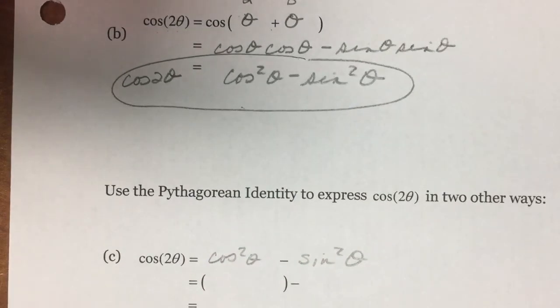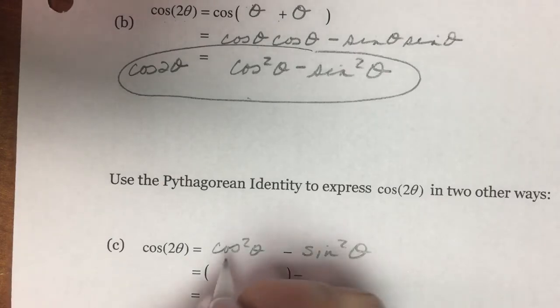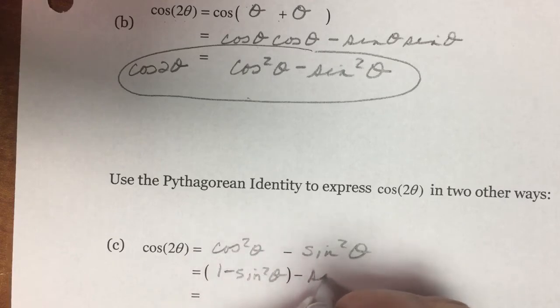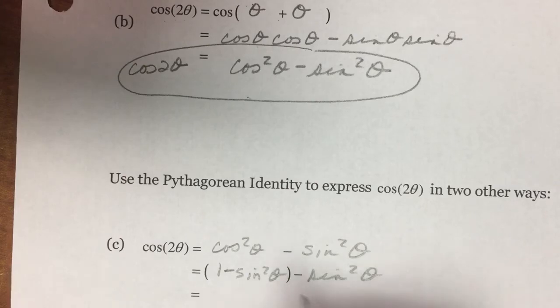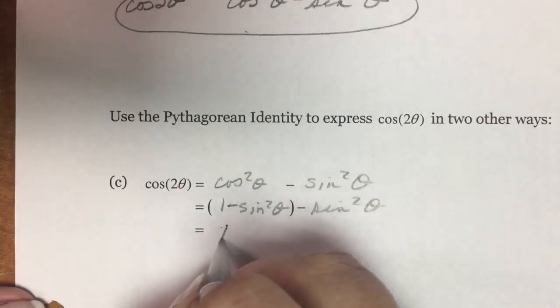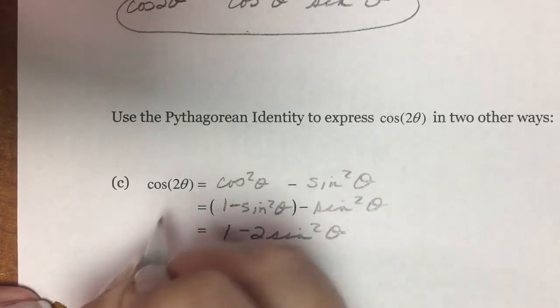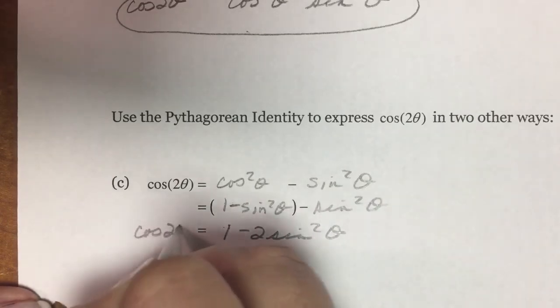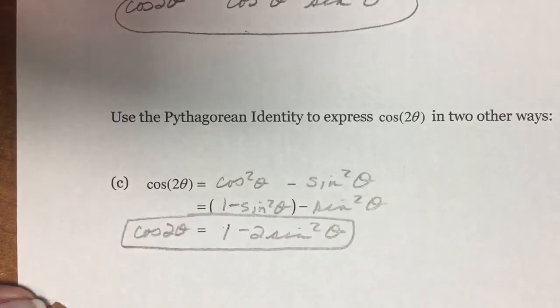And what you're going to do is substitute in for cosine squared theta 1 minus sine squared theta. So when you do that, you can see you're going to get 1 minus 2 sine squared theta. That is another cosine double angle identity.